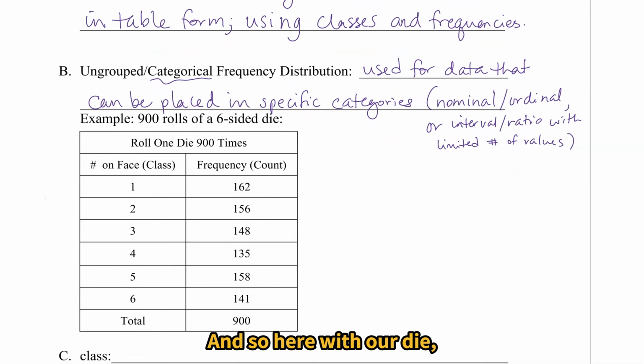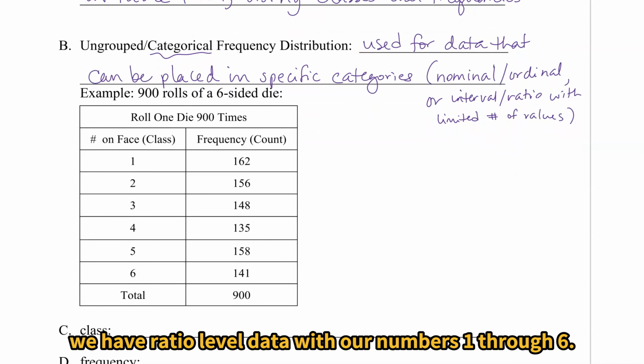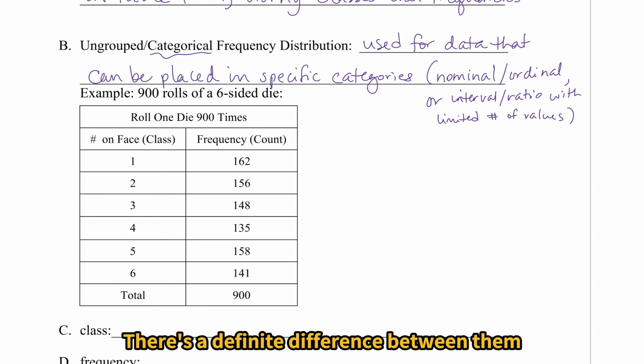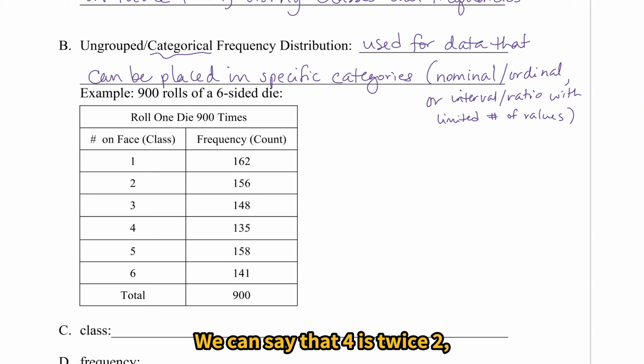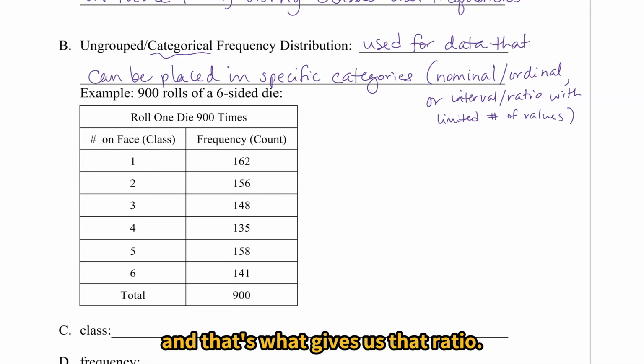And so here with our die, we have ratio level data and our numbers 1 through 6. There's a definite difference between them, and a 0 would mean we didn't roll the die at all. We can say that 4 is twice 2, and that's what gives us that ratio. We're allowed to make that jump, and it makes sense.